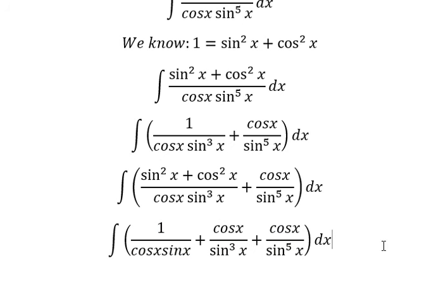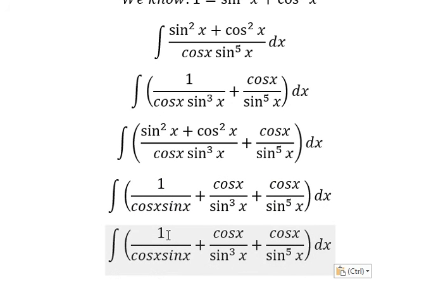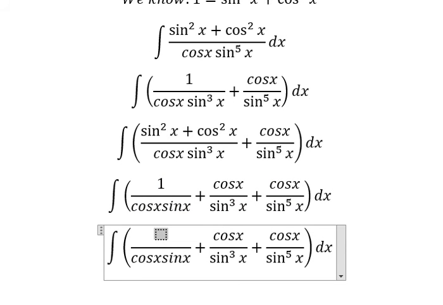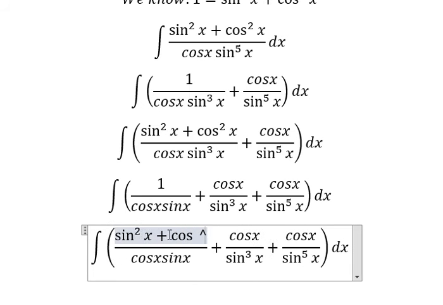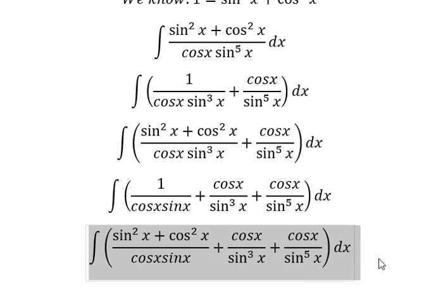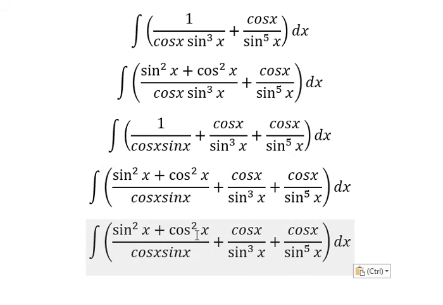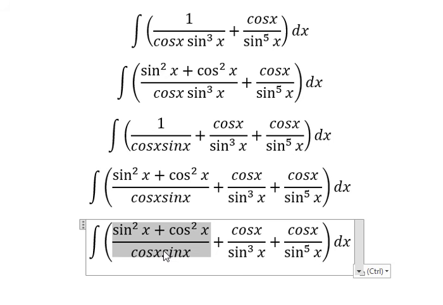And the last one, number 1 in here, we can transform into sine squared x plus cosine squared x. So this one we do the same.